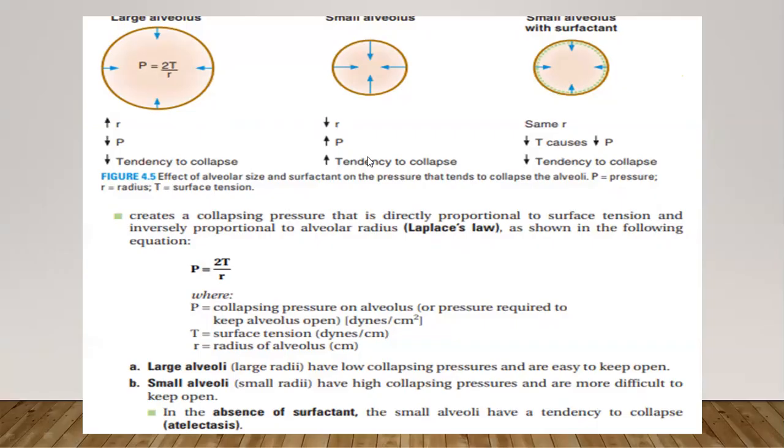This slide is somewhat unimportant, but it's things that you already know. The larger your alveolus, the lesser the chance of it collapsing, right? Because you're going to need sufficient surface tension to actually cause this large alveolus to collapse, as opposed to a smaller alveolus, where you don't need that much greater surface tension to get it to collapse.